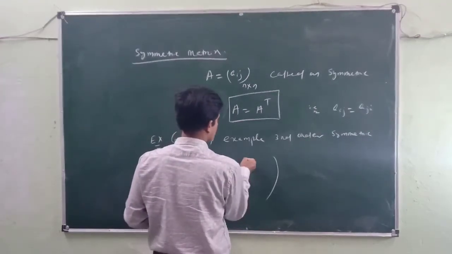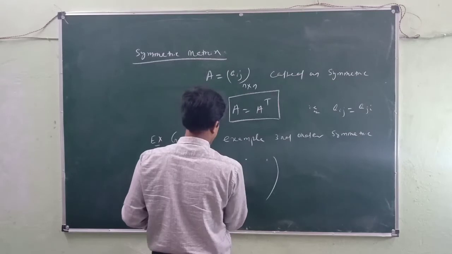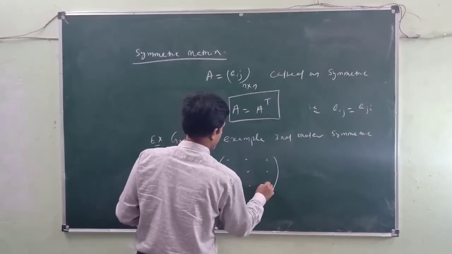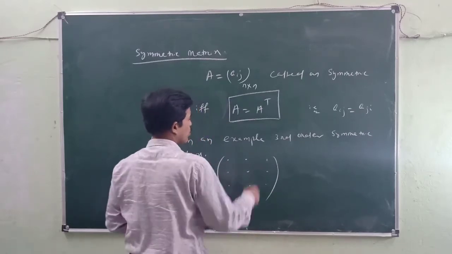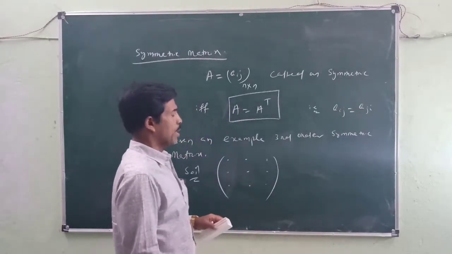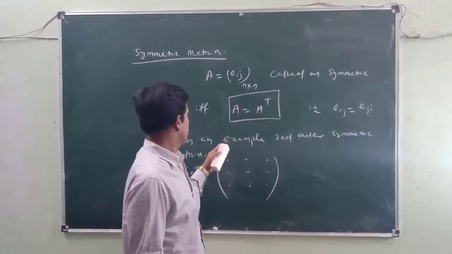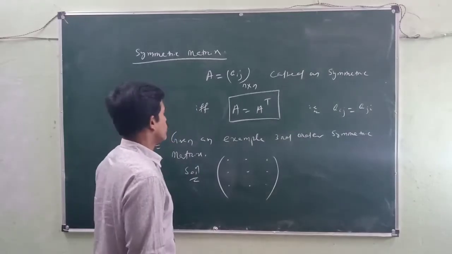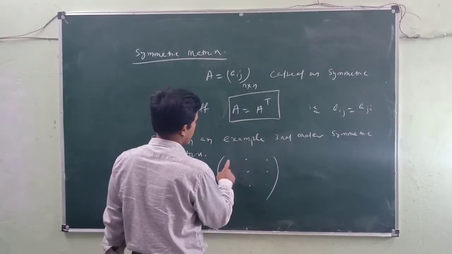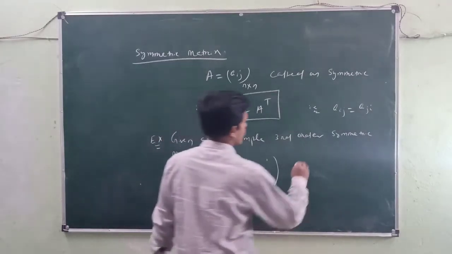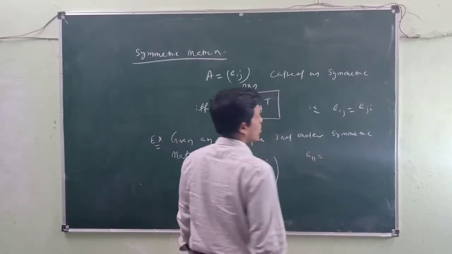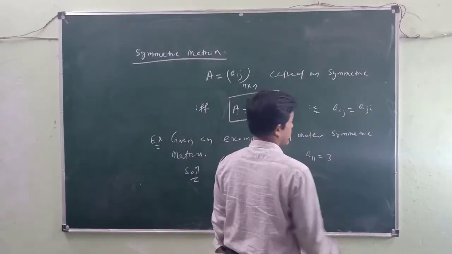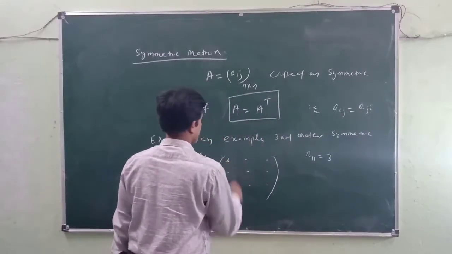So this will be the position of the elements, right? Then you put values that depend upon you, because you take the example. Look here, suppose a11, you write any value. Suppose I write 1 here.